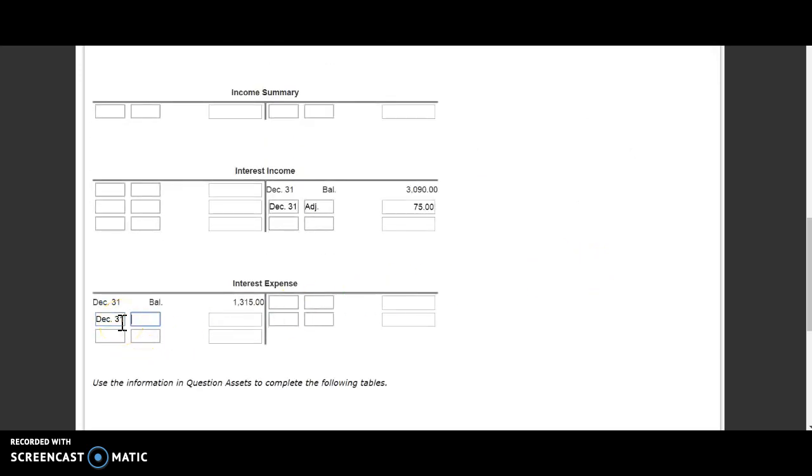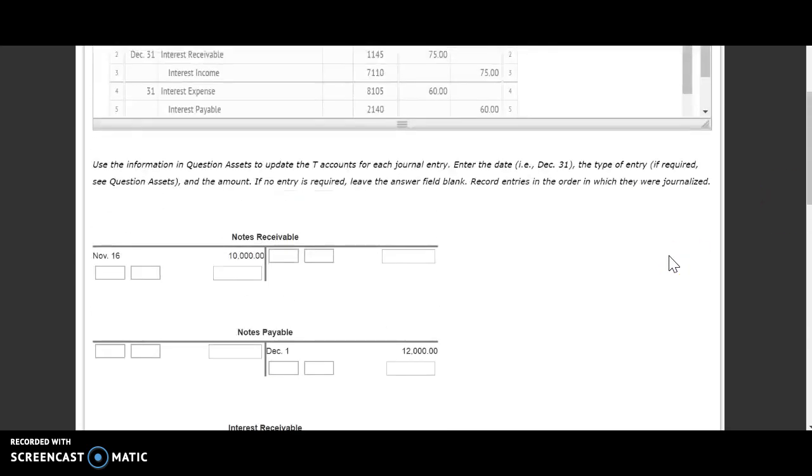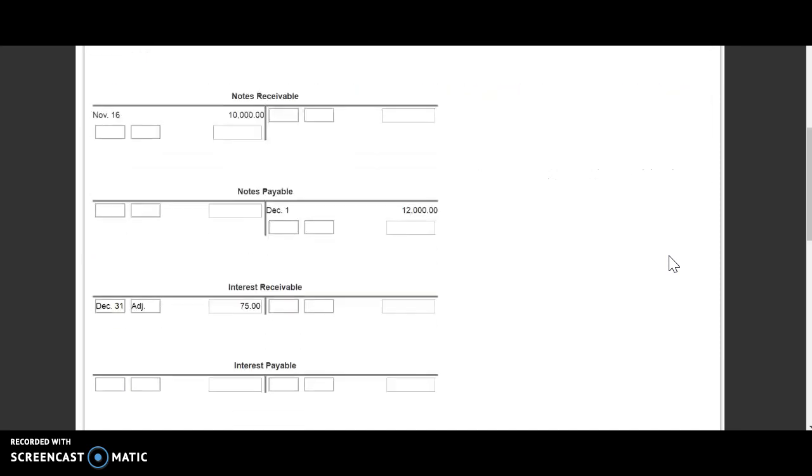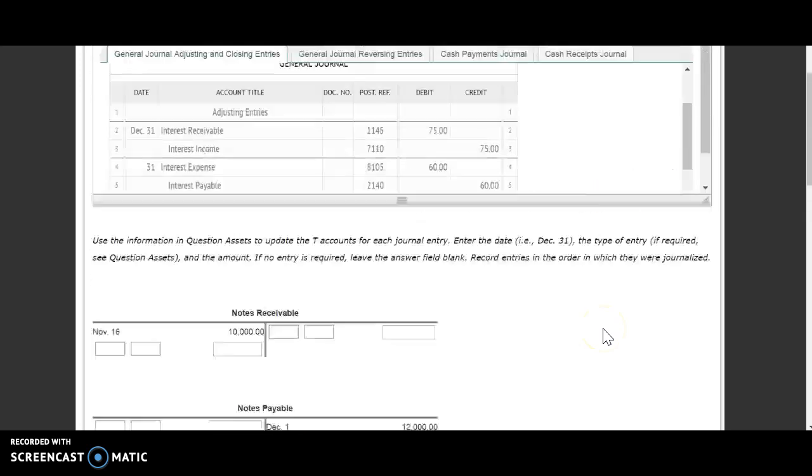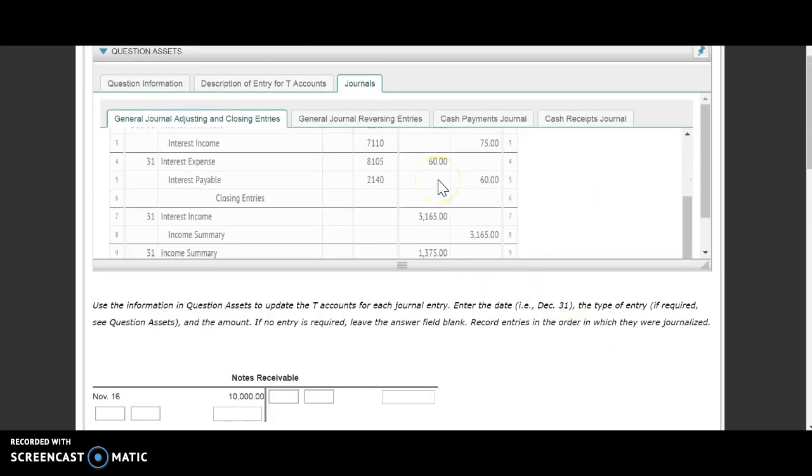December 31st, an adjustment, and a debit of $60. Next, we have a credit to interest payable. December 31st, an adjustment, and a credit of 60. Okay, so those were the adjusting entries for the 31st.